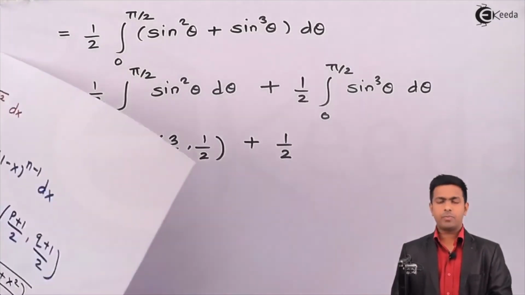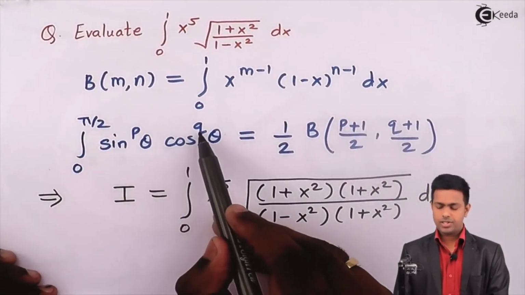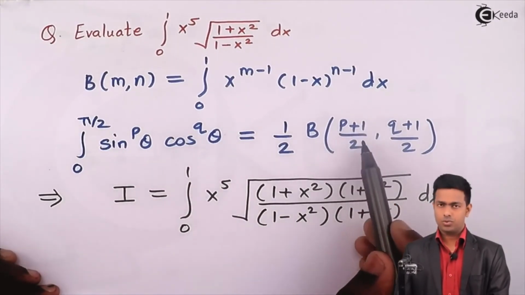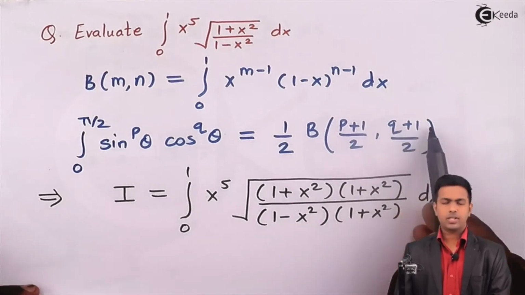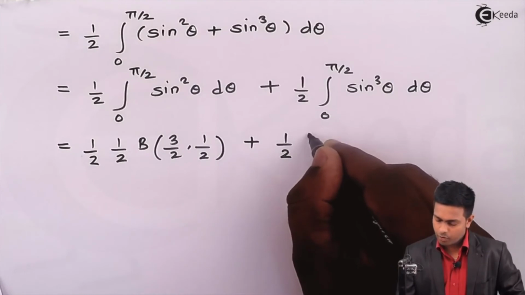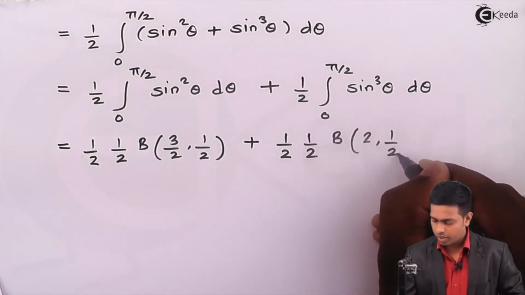Now for sine cube theta d theta, again p is 3, q is 0, so 3 plus 1, that is 4 upon 2, which is 2, and 0 plus 1, so 1 upon 2. So that is 1 by 2 beta 2 comma 1 upon 2.